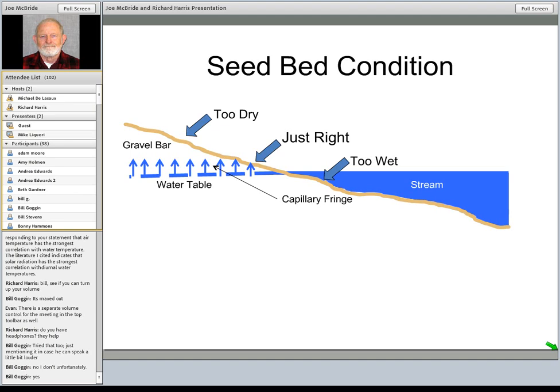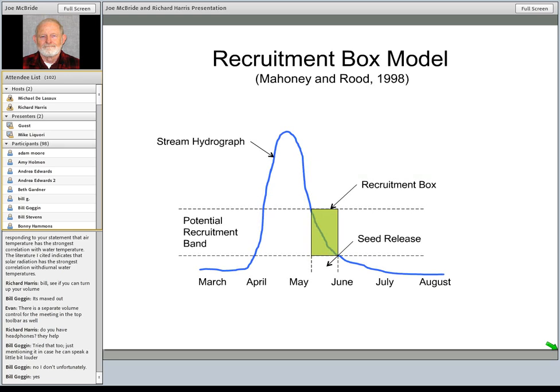But there's a narrow band of conditions that are just right for germination of these species, and Mahoney and Rood have referred to this as the recruitment box. They wrote a very interesting paper a number of years ago on what they call the recruitment box model. And they propose that there's a box, if you will, shown in green on your screen, in which recruitment of riparian species can take place.